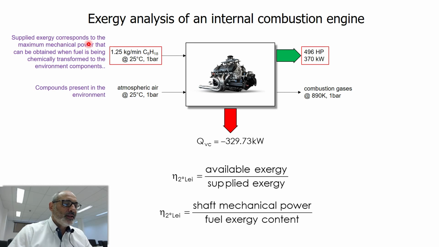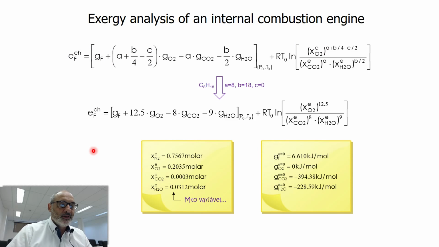I already said that supplied exergy corresponds to the maximum mechanical power that can be obtained when fuel is being chemically transformed to the environment components. We already saw that, and we are using compounds present in the environment. So let's do this calculation.